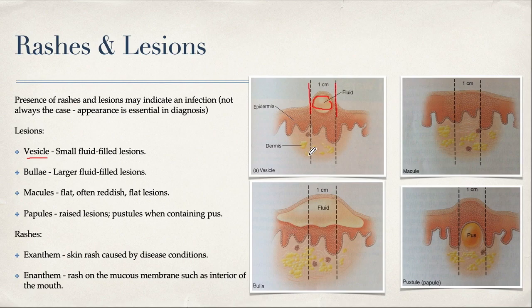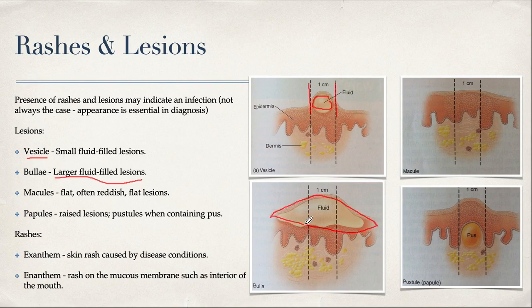There is no pus associated with it, and it's limited to just the epidermis, as you can see. Then you have bullae. These are larger fluid-filled lesions, so more than 1 centimeter. It covers a wider range, and it's also basically limited to the epidermis.